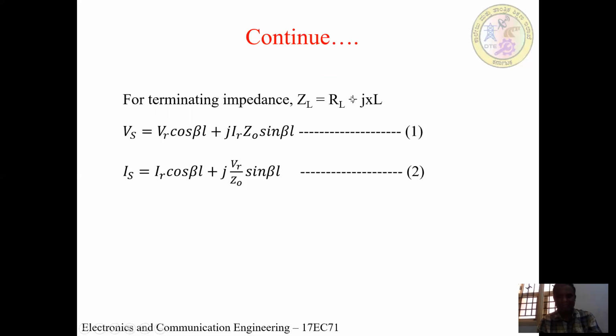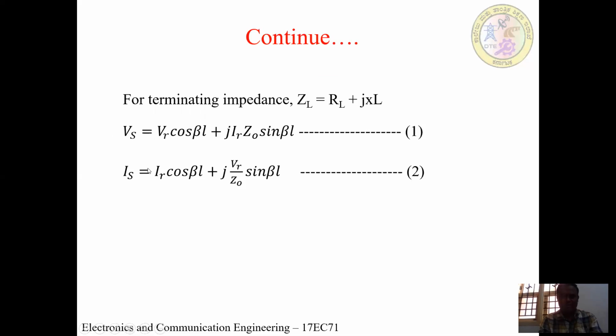With respect to the characteristic impedance, reflected voltage and reflected current, we can define the sending voltage as VS = VR cos βL + j IR Z0 sin βL.